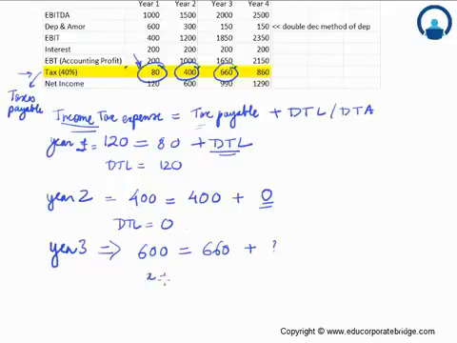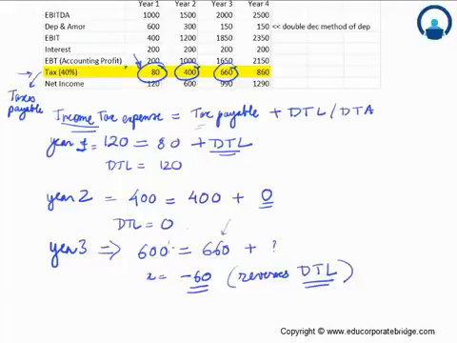This number comes out to be minus 60. So what happens is this reverses your deferred tax liability. This means you have paid more and you have shown less. So here you could see that there was 120 that was built up initially, then there was 0, and then out of this liability in year 3 you pay 60.